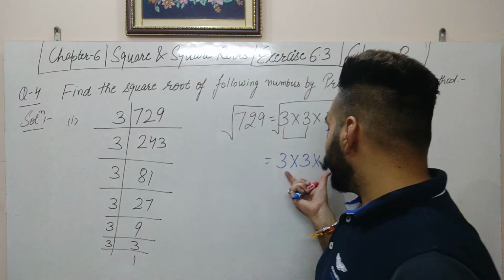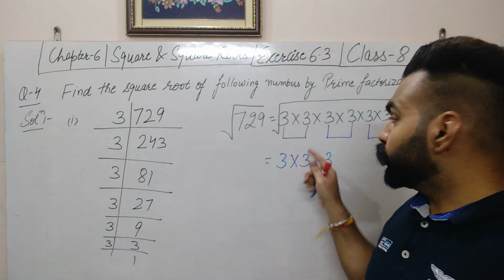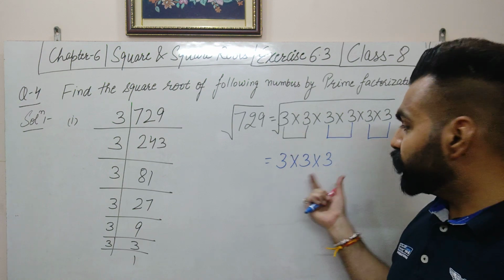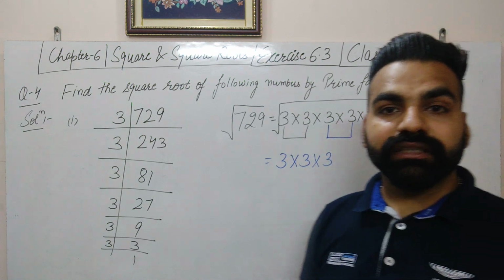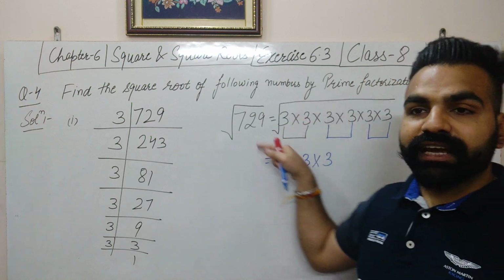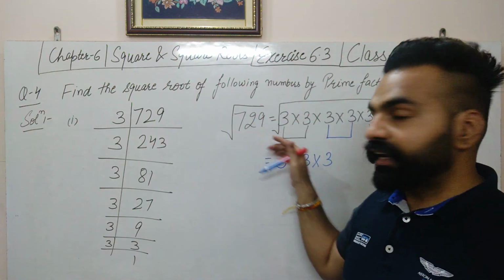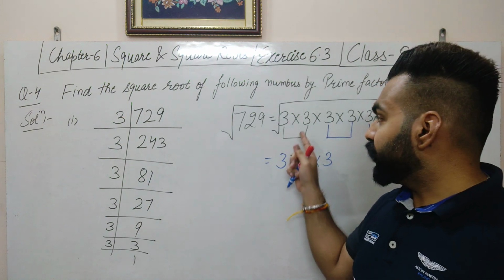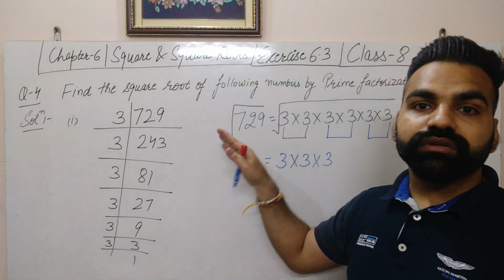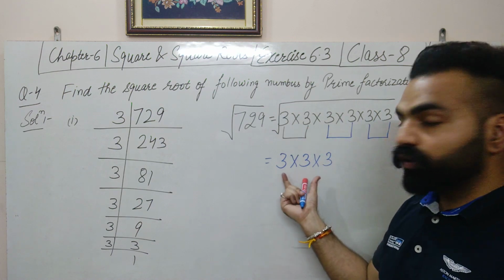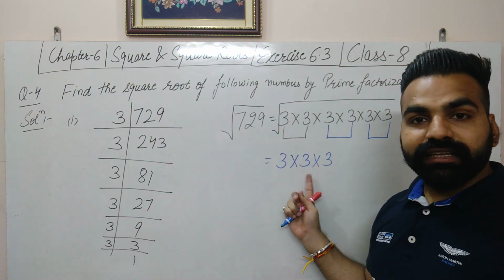So the number of 3's here will be equal to the number of pairs formed. There are 3 pairs, so we will write 3 times 3 times 3 here, and this square root sign will be removed. The square root sign indicates that from each pair we have to take one number outside the square root.